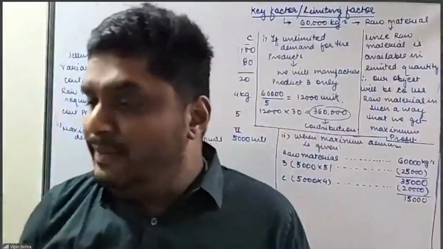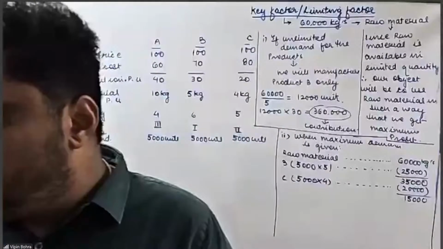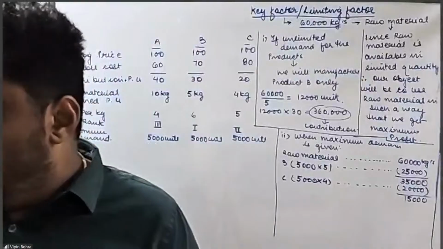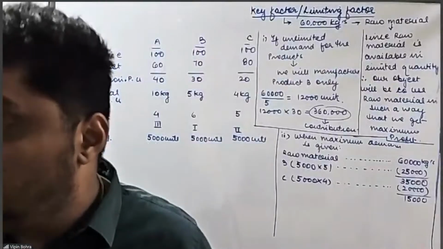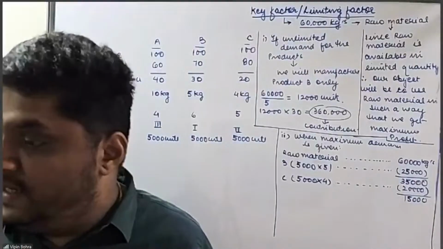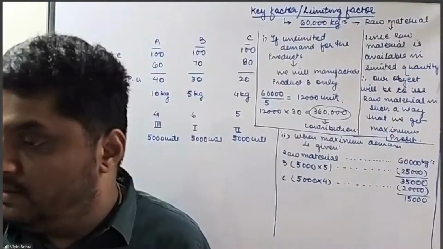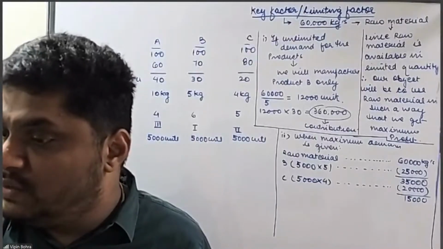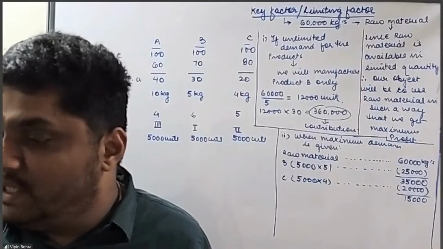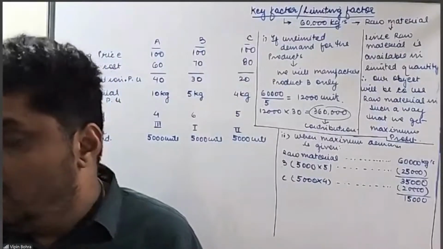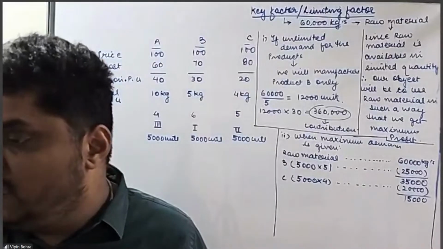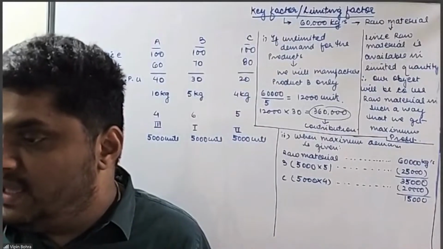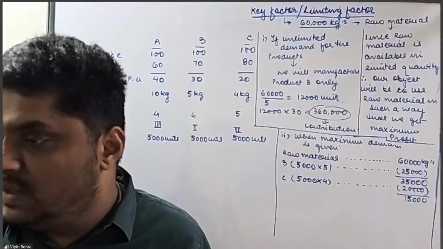Can you guys tell me how many units we can manufacture for product A? We have 15,000 kgs in hand. Very good, Almas. Very good, Julie. I want you to post your answers quickly. It's a very easy question. Can you guys tell me how many units we can manufacture for product A? Yes, Anil, Tanu, Samohini.